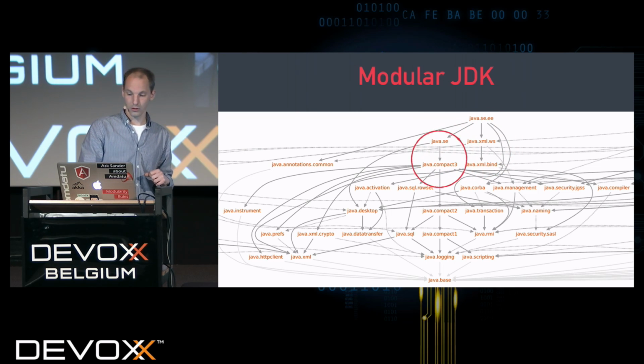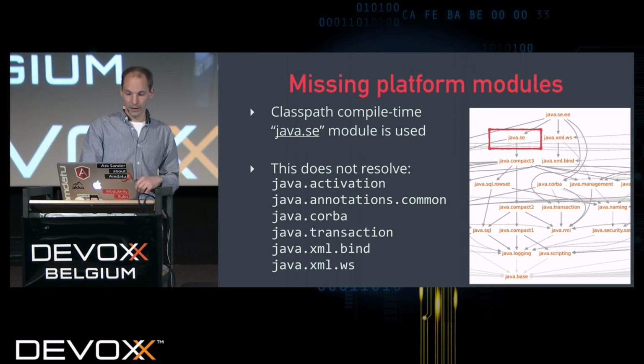There's also the Java SE aggregator module, which also points to almost all of the other modules in the platform, except those EE technologies like Corba and Java XML WS. Actually, the list is here. So there's 6 modules that you can reach from Java SE, but not from Java SE.